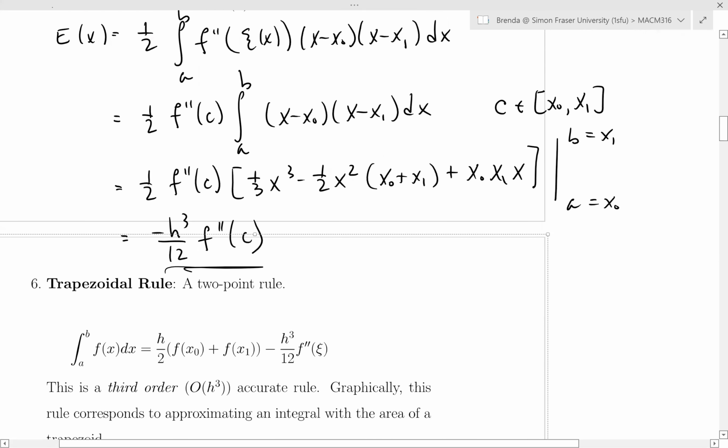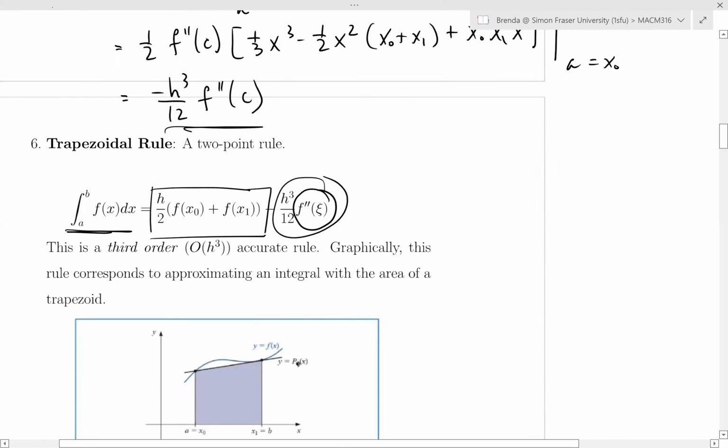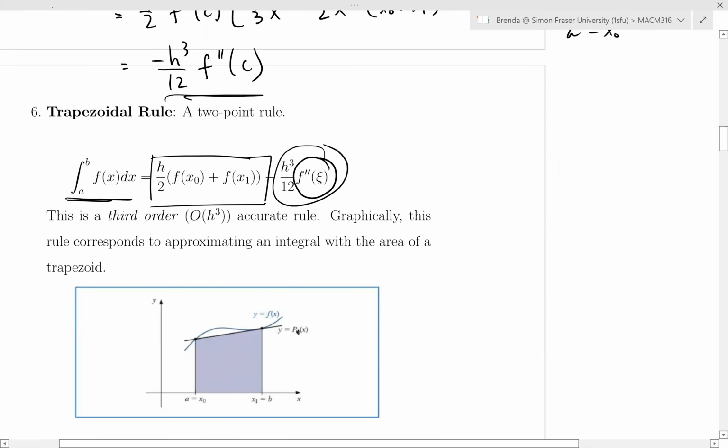So you can take an integral and approximate the area by a trapezoid over the whole interval, and then your error will be h cubed over 12 times the second derivative of something. This is some number, whatever number. There you go, it's an O(h cubed) method. And we already saw graphically what that looks like. We have a function, and what we're thinking of doing is making one trapezoid over the whole area that we want.